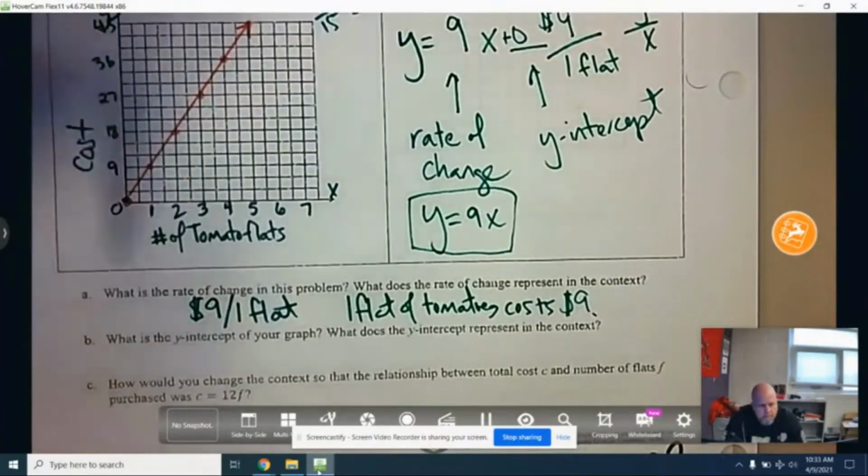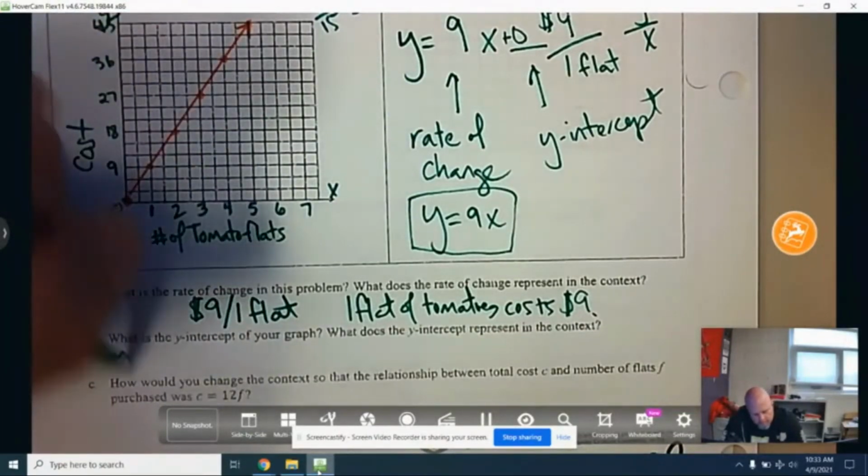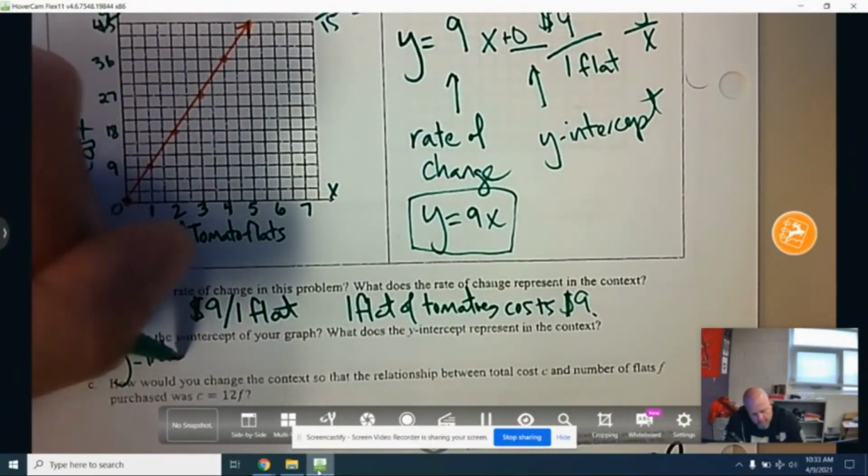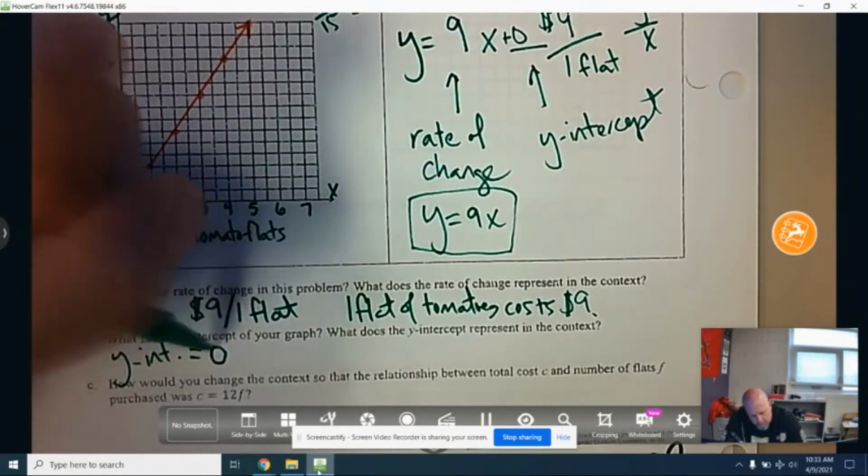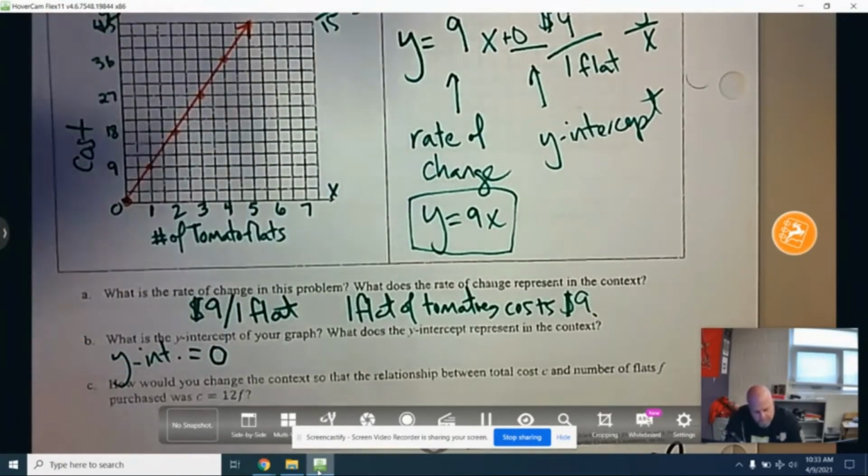What's the y-intercept of your graph? We just talked about that as well. Our y-intercept, we say y-intercept abbreviated equals 0. And what does that mean?